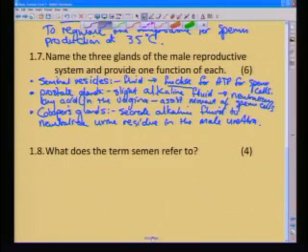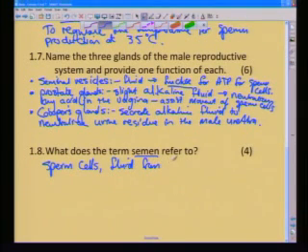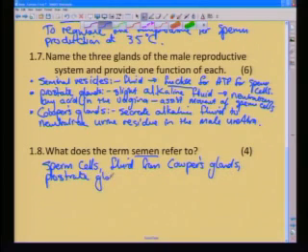Okay, then we have our last question. What does the term semen refer to? Now, semen, okay, is not people that go out to sea. Semen here is going to be sperm cells, okay, and it's going to have your fluid from the Cowper's glands, the prostate gland, and lastly but not least, the seminal vesicles.